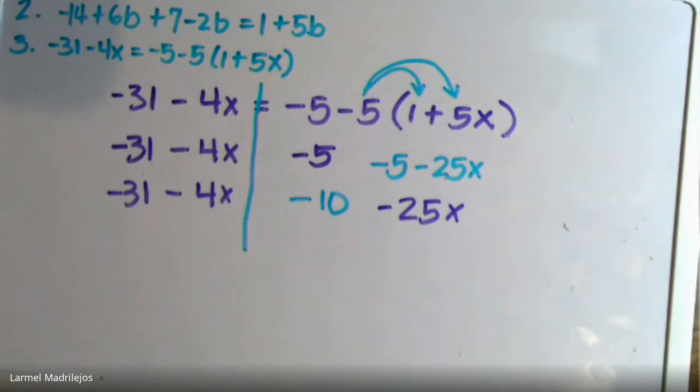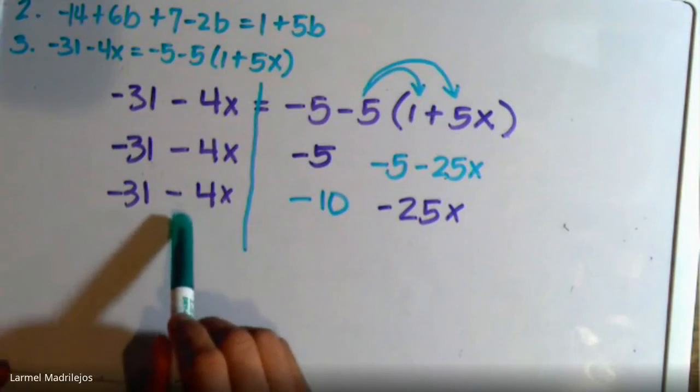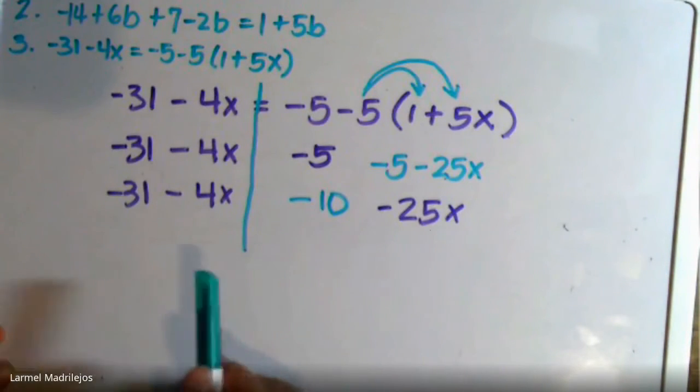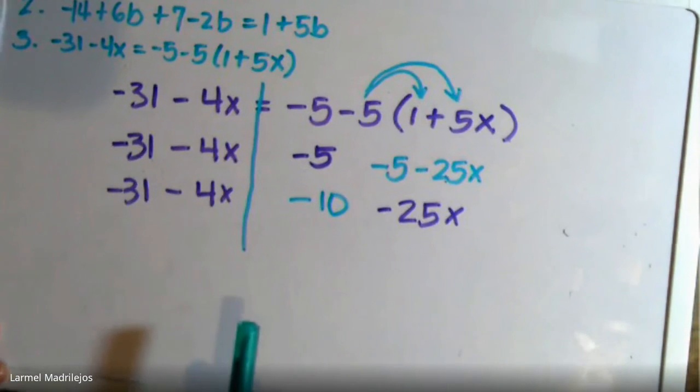So this time we are on the easy equation like number 1 we have here. So like I said, I'm going to look for a variable that's going to be positive. So I have two variables here, which is negative 4x and negative 25x. Actually, one variable, two terms.